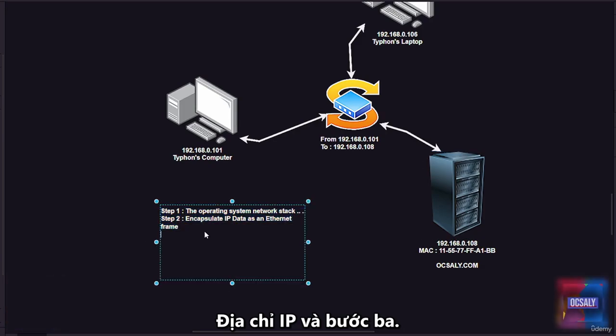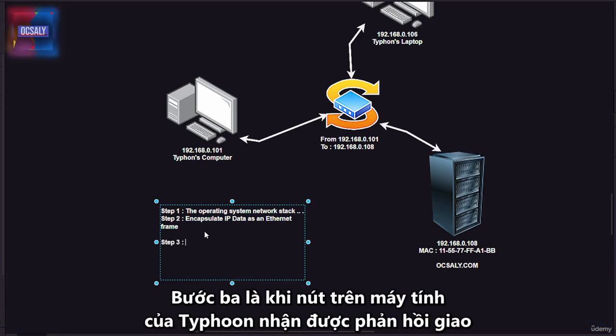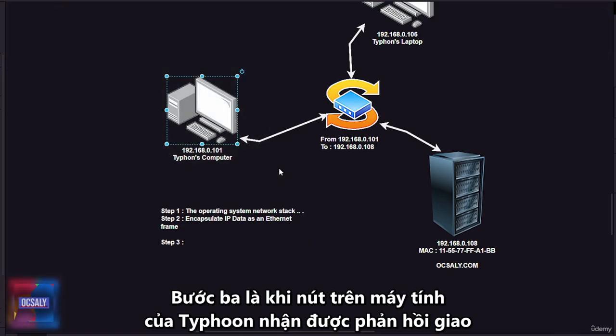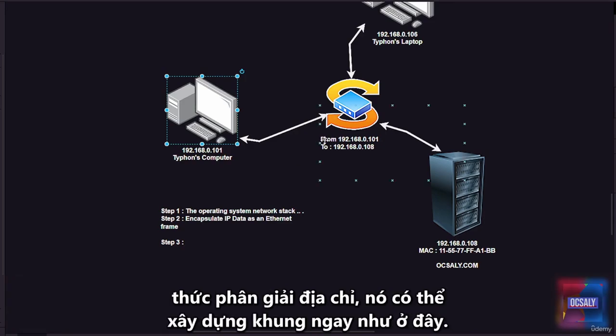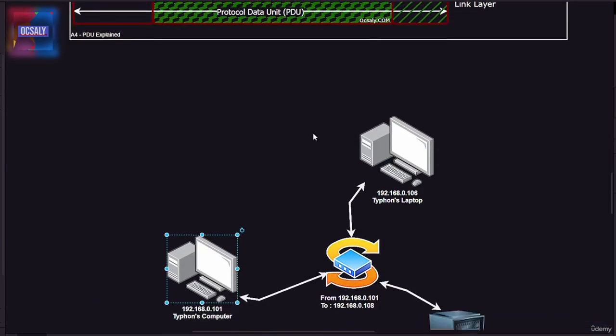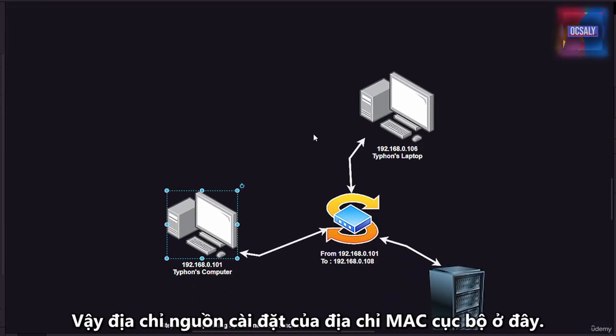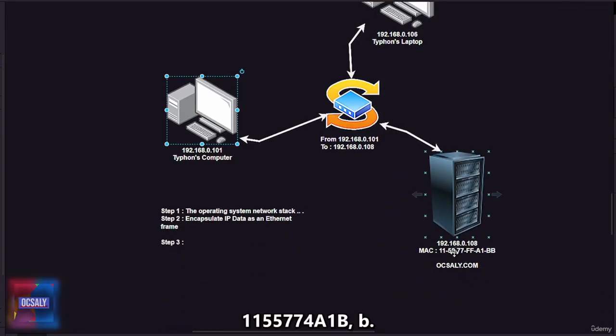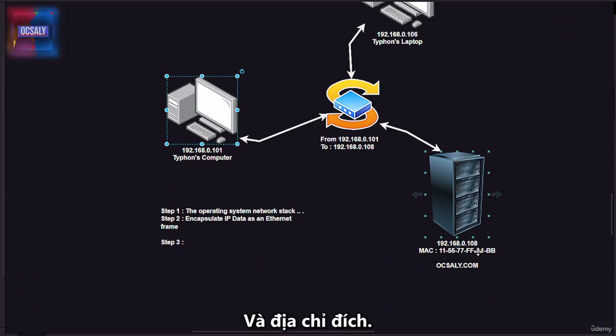And step 3 is, once the node at Typhoon's computer receives an Address Resolution Protocol response, it can build the frame, as here. So, setting the source address to the local MAC address here, 115577FFA1BB, and the destination address.